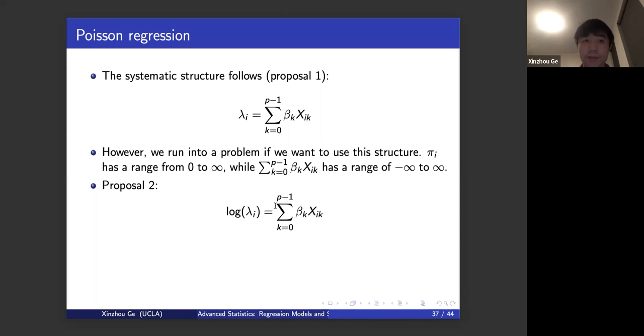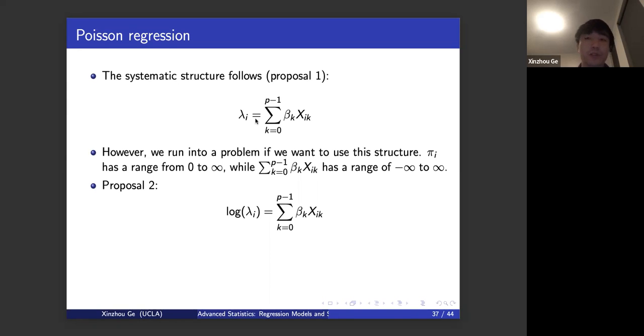If you still remember, in logistic regression we use the logit link, which means that we take the log of pi i over 1 minus pi i, which is the logit function, and use a linear combination of beta and x to describe that logit function. In this case, we also want to make sure that the range of the linear combination is the same as the range that we desire.